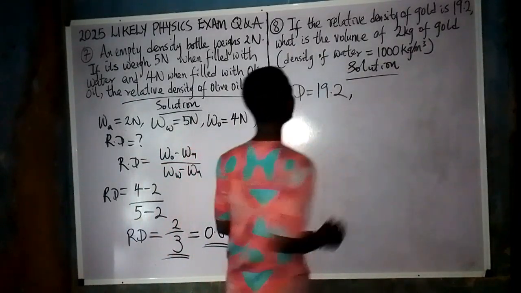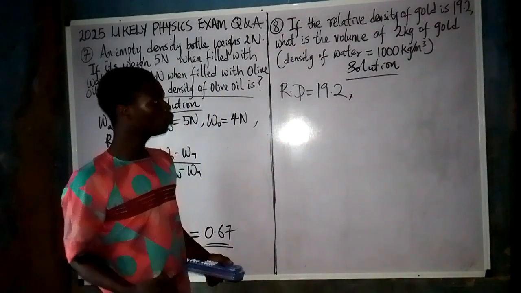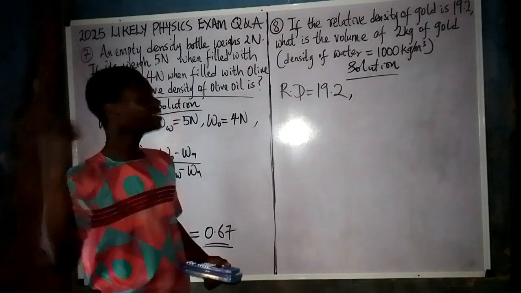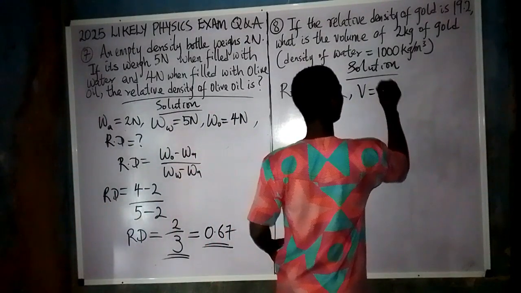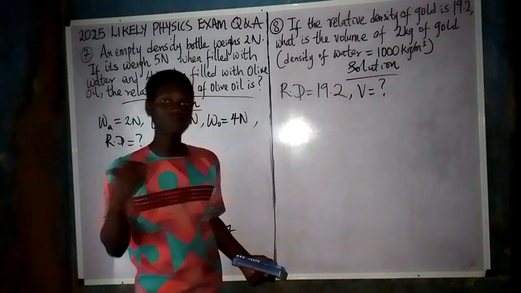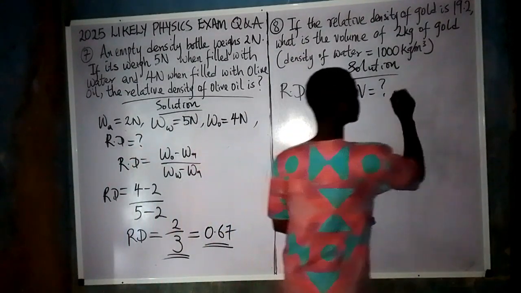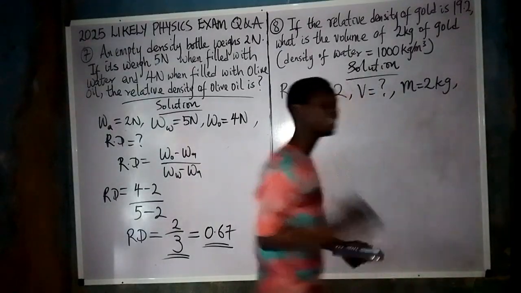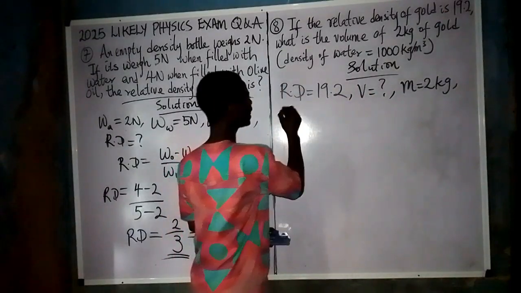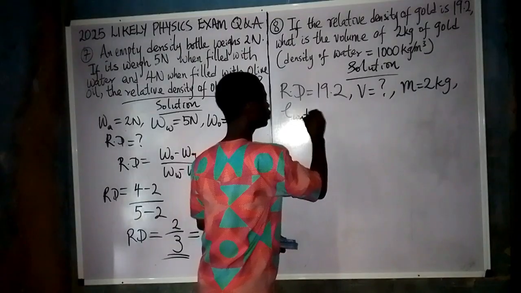He now said, what is the volume of 2 kg of gold? The volume is unknown, but we are given the mass of the gold as 2 kg. And in addition, we were asked to take the density of water to be what?